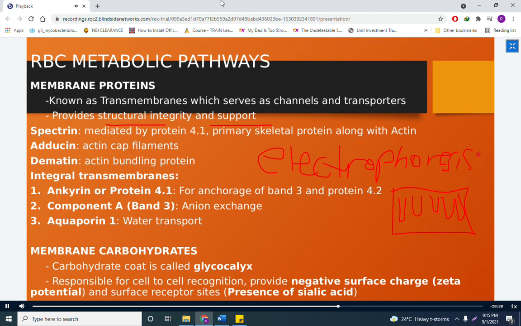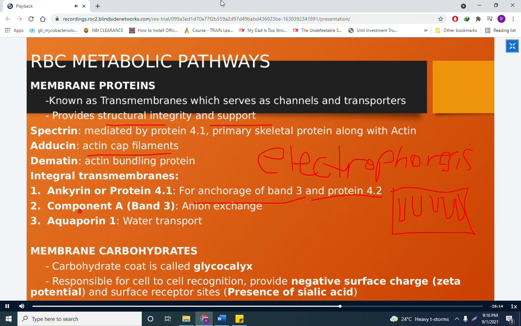Then your adducin class is your actin capping filaments. Dematin class is your actin bundling protein. Now, your integral transmembrane class, we have your ankyrin or protein 4.1, responsible for anchorage of band 3 and protein 4.2.